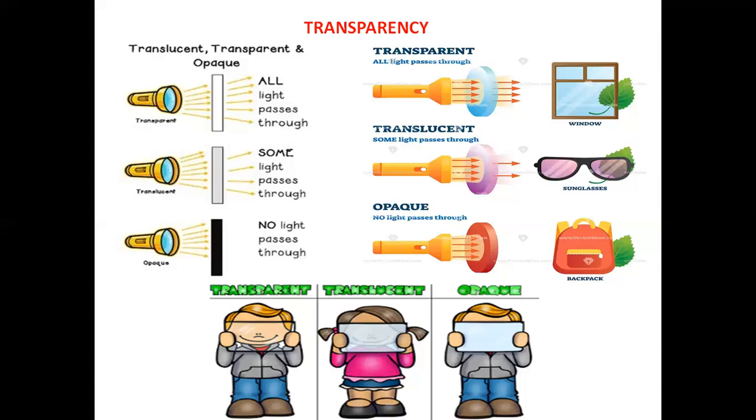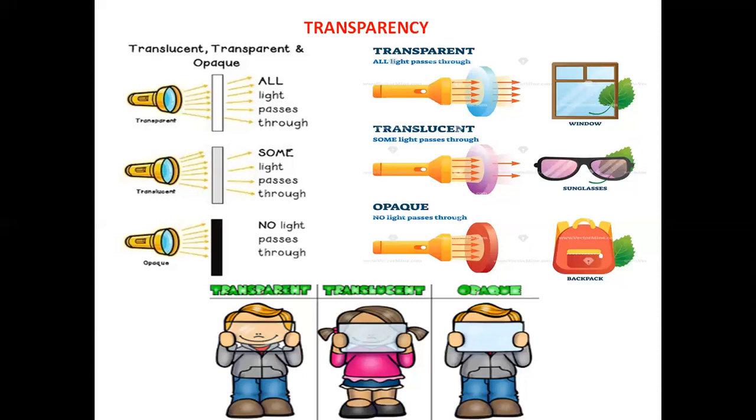At the same time, you don't want the sunlight to directly hit your eyes, so sunglasses, a translucent material, prevent the full light from entering your eyes, thereby avoiding sunlight and making the surroundings visible. And opaque are the objects through which light doesn't pass at all.